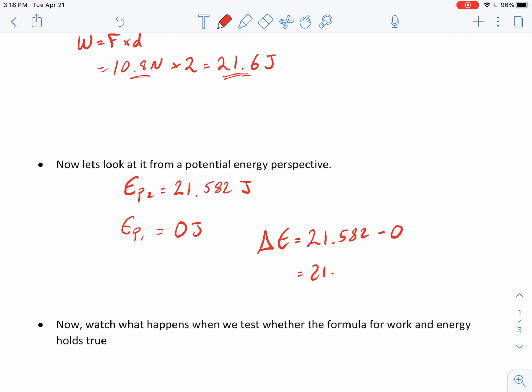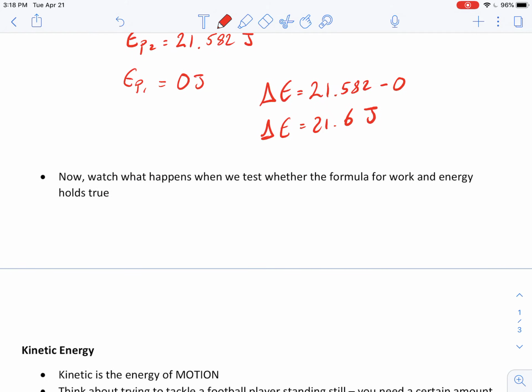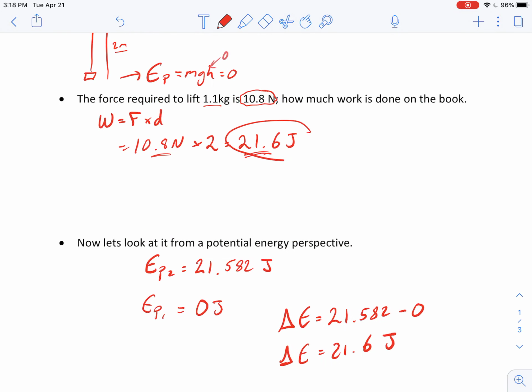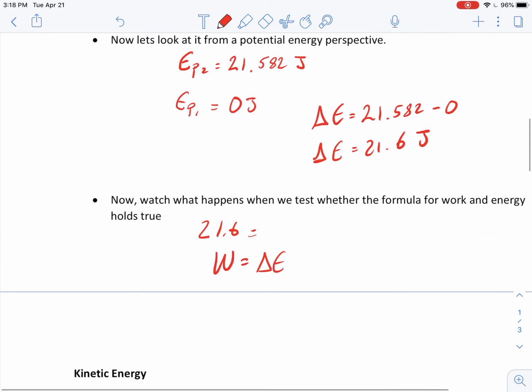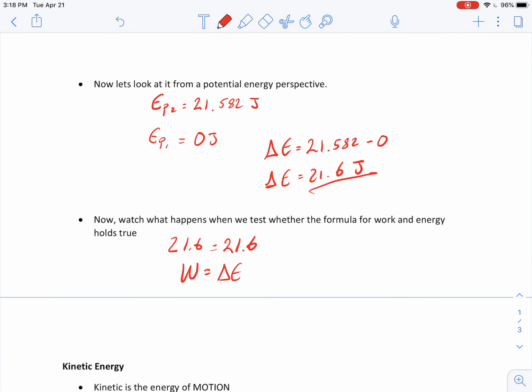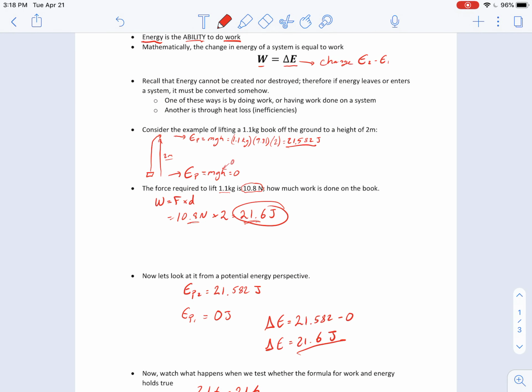I'm going to change that to 21.6. And if we look at the formula, work is equal to delta E. Well, our work in this case is 21.6, and our delta E is 21.6. So work and energy are almost the same, but they're very related.